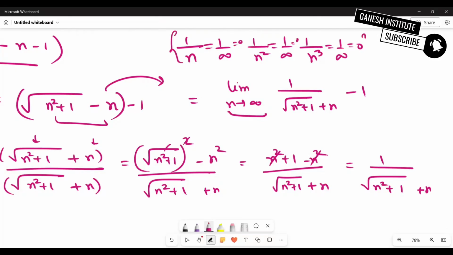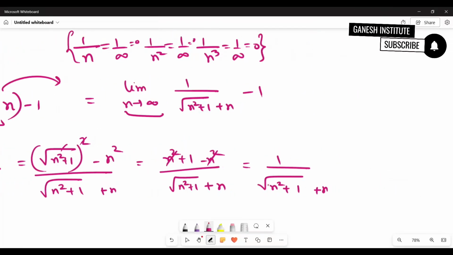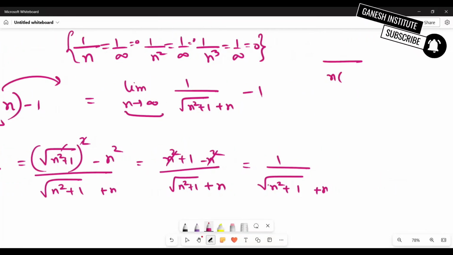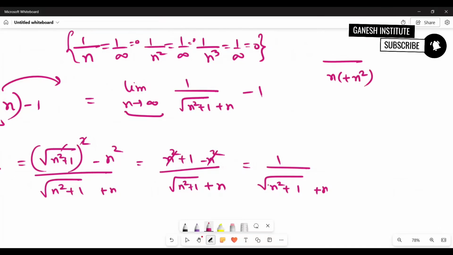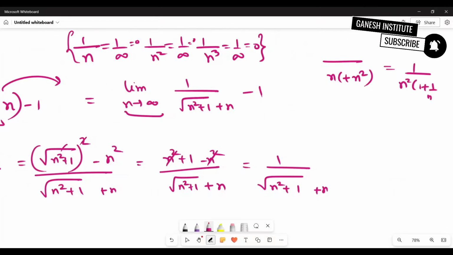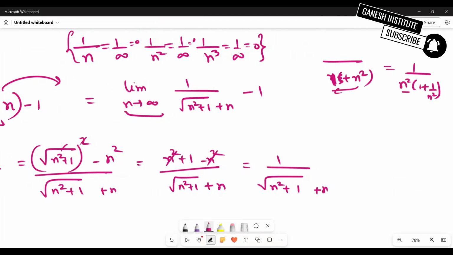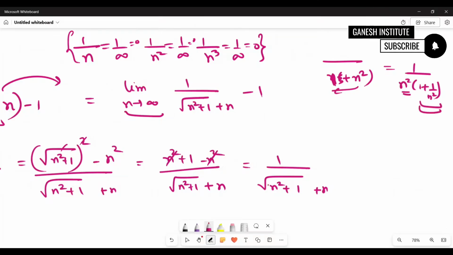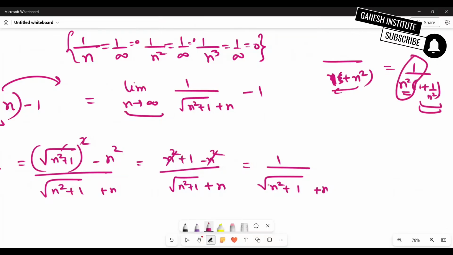So you can take out n square common to make it this way, because then you have 1 by n square as n tends to infinity.